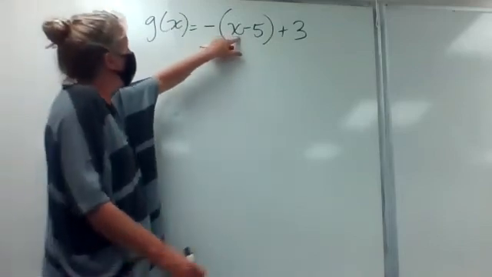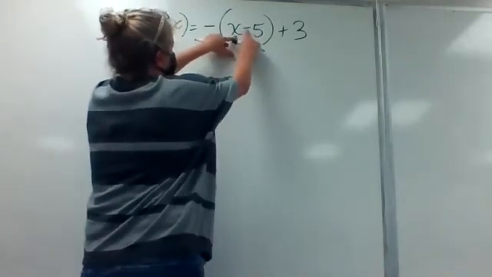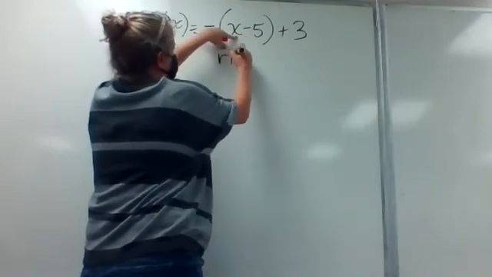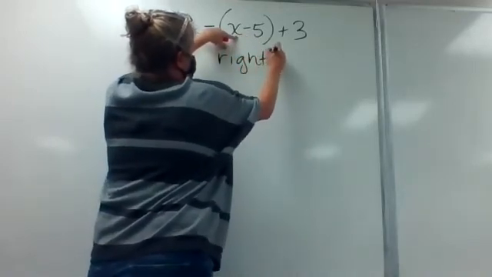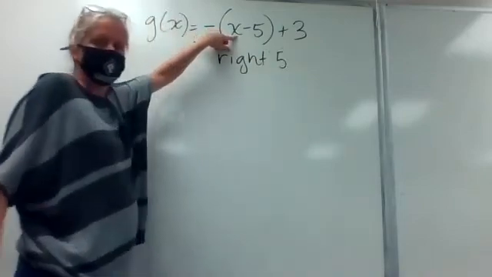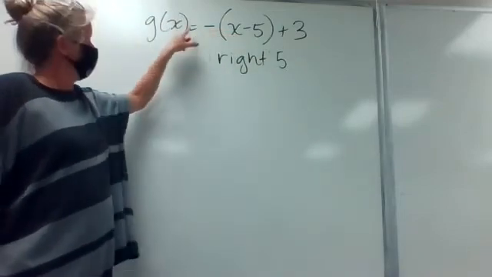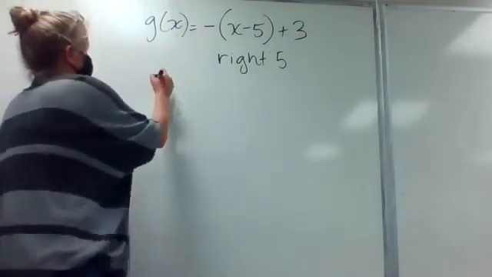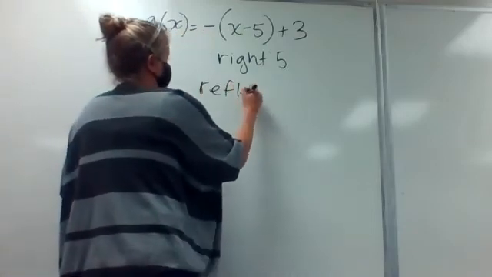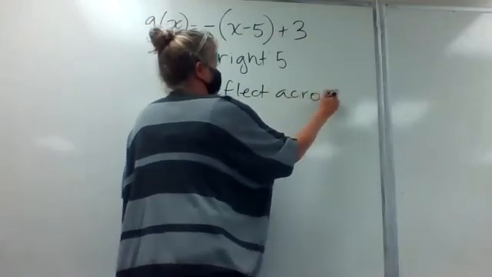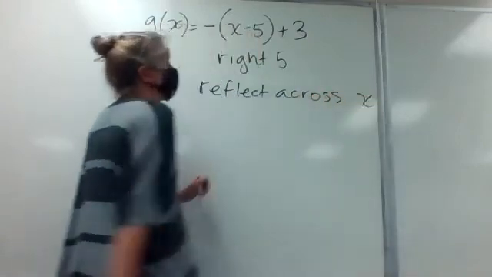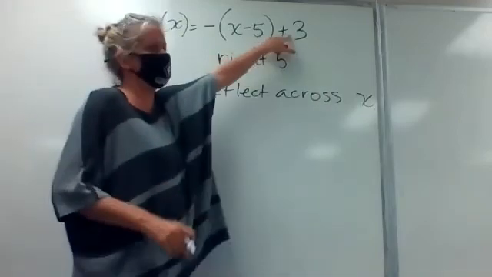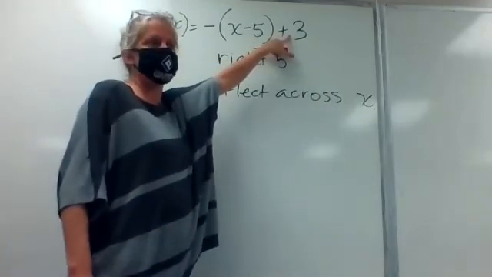Okay, so starting with the horizontal shift, where am I going? Inside numbers, opposite the sign, so right 5. There is a reflection because of this minus, so then reflect across the x. And then your vertical shift, up 3.